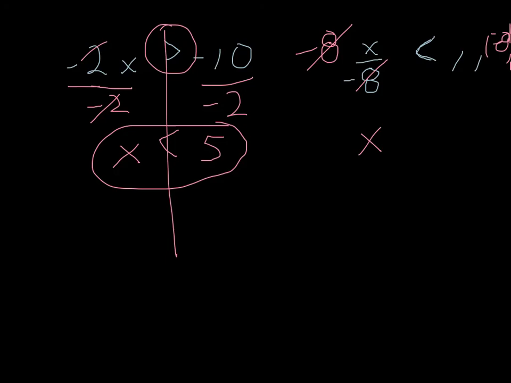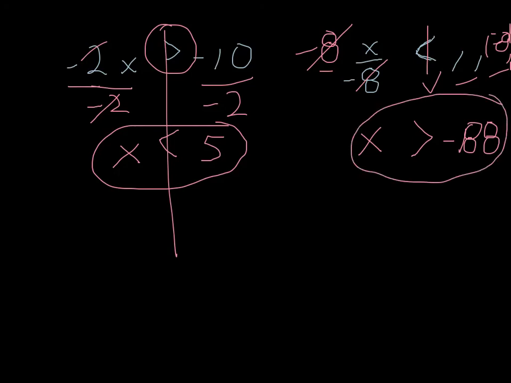And 11 times negative 8 is negative 88. Since we multiplied by negative 8, we're going to change the sign to greater than. So x is greater than negative 88.